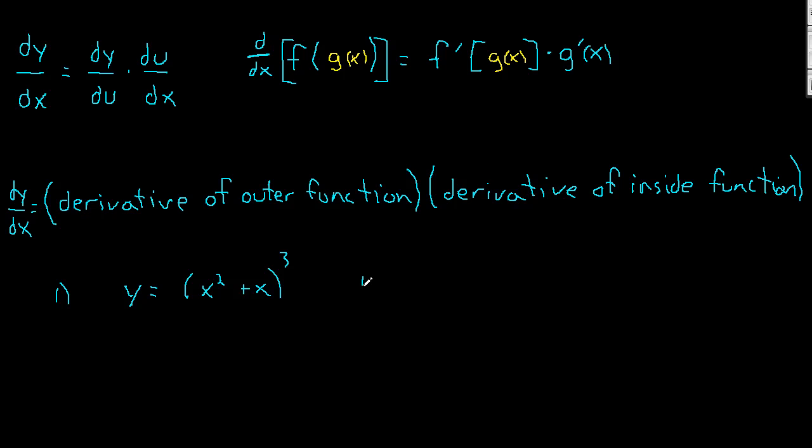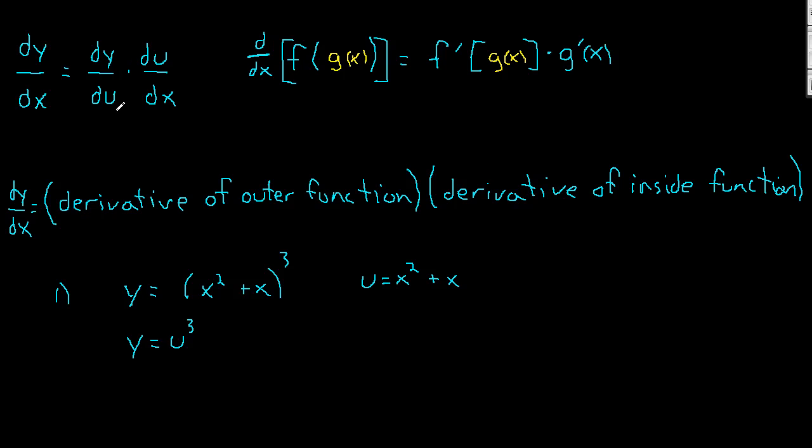Now, for all you mechanical people out there, it might help you to make some substitutions here so that you can follow the pattern at least to get the hang of it the first couple of times. If we let u equal x squared plus x, then really what we have is y equals u cubed. And now all that's left to do is to follow this pattern right here.